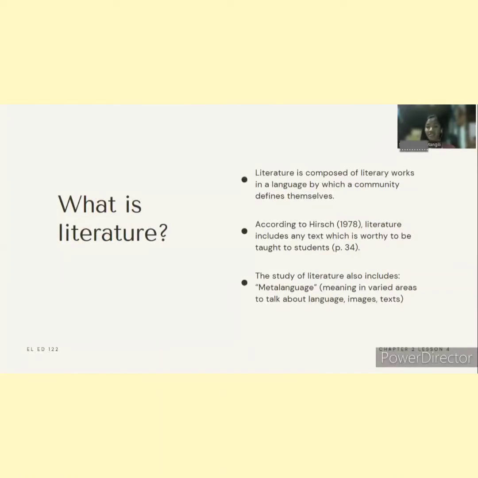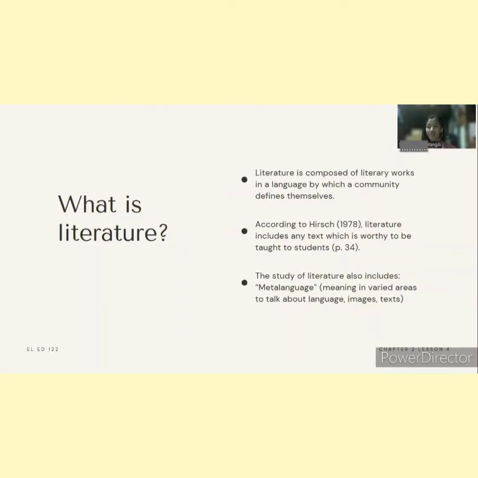According to Hirsch, literature includes any text which is worthy to be taught to students. Some examples of this are essay, biography, autobiography, journalism, journals, historical books, poetry, fiction, non-fiction, drama, mystery, and science fiction.